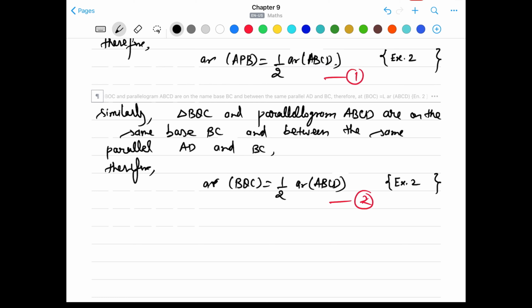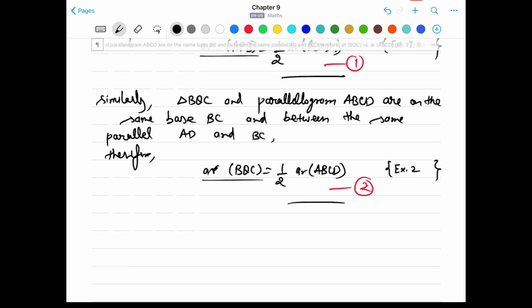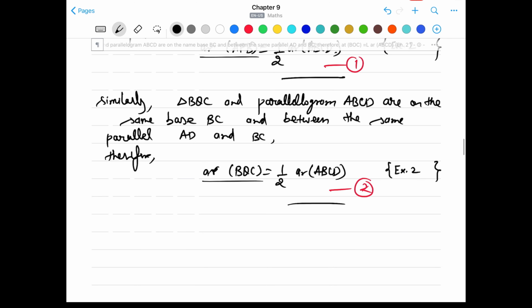Okay, now by comparing equations 1 and 2, you will get that the area of triangle APB is half the area of ABCD, and similarly the area of triangle BQC is half the area of ABCD. So the area of both triangles is equal to half the area of ABCD, therefore the two have to be equal.